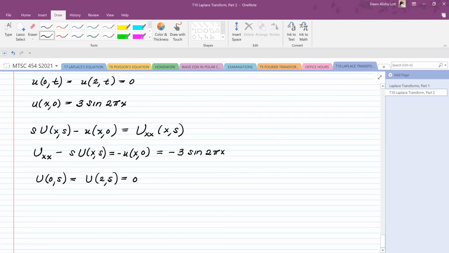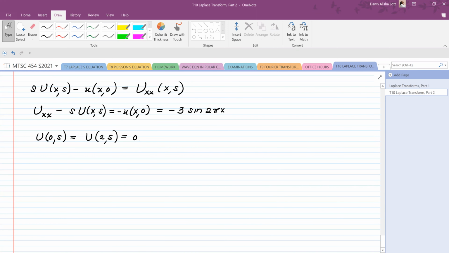Okay, so now this is a problem that we need to solve, and it has a homogeneous part and it has a particular part. So U of x and s has a homogeneous part and it has a particular part.